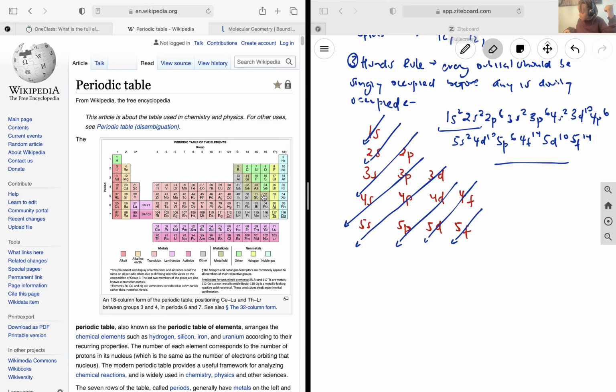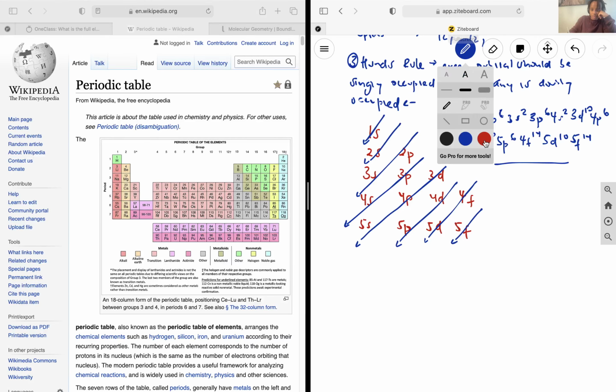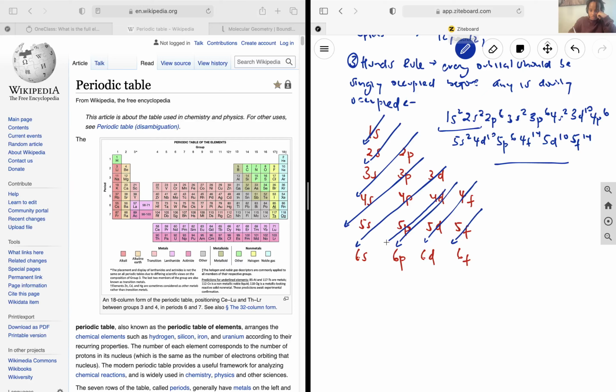I had failed to include the 6th row here, if we are supposed to be counting it properly. 6d, 6f. So let's just extend these. So that one stops there. This one looks like that. This one looks like that, and that one looks like that.